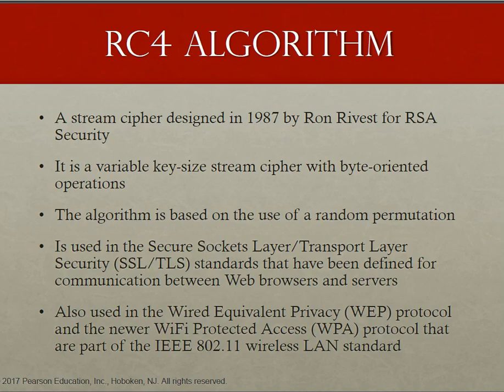The analysis shows that the period of the cipher is overwhelmingly likely to be greater than 10^100. So that is about the RC4. It is used in the SSL or TLS standards that have been defined for communication between the web browser and the web server.